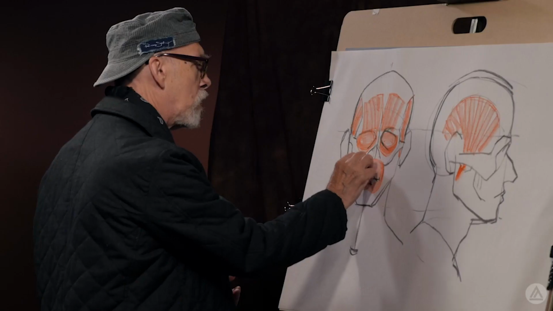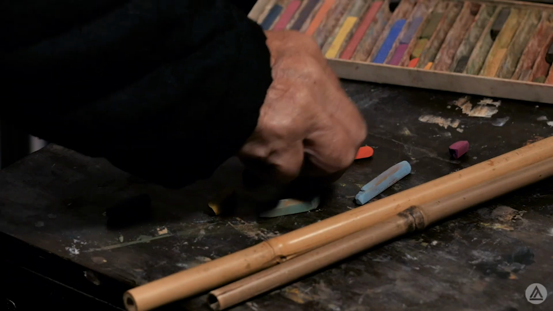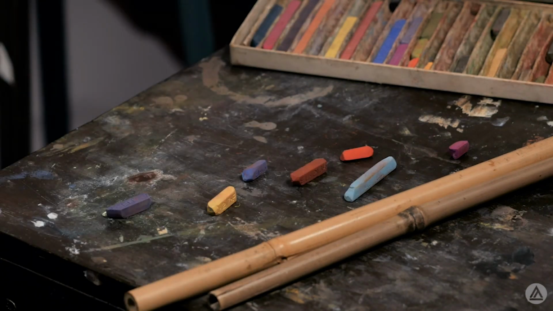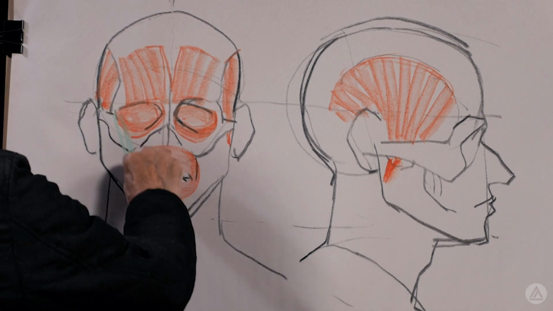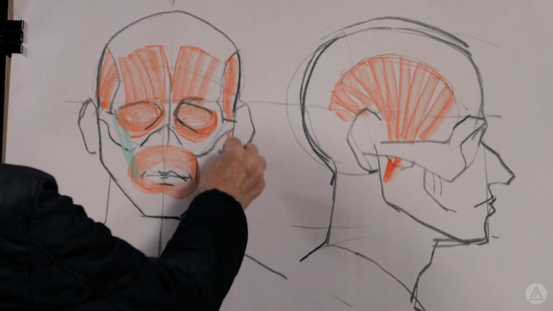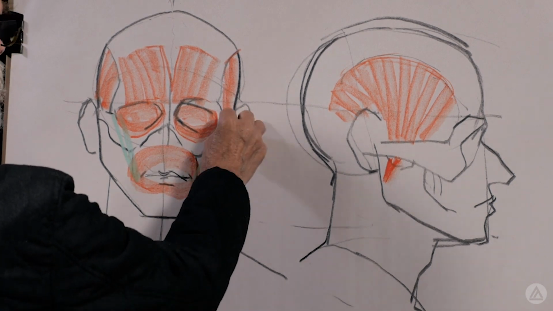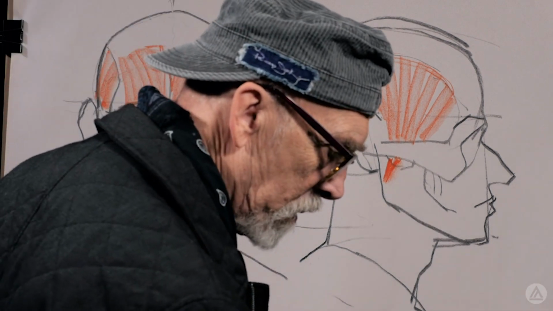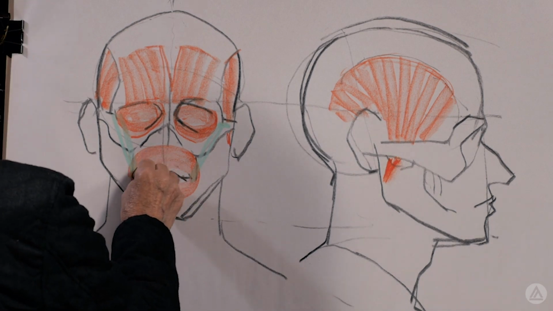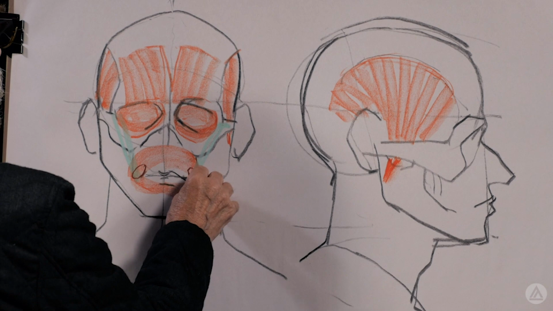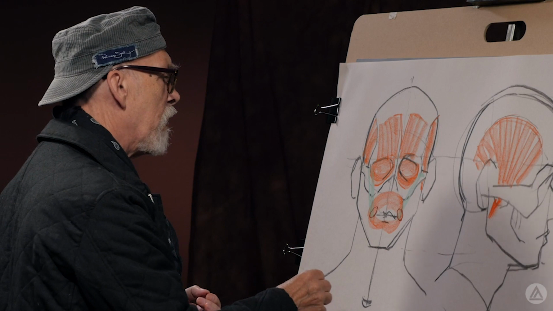So the next group of muscles that I'm going to put down are the zygomaticus, and that is the muscle that connects the top of the zygomatic to the orbicularis oris. You can see right around the middle of that zygomatic, it comes down, and a lot of these muscles are actually attaching to a node that is part of the orbicularis oris, and it happens right on the corners of the mouth, and that actually does create a shape on the mouth.